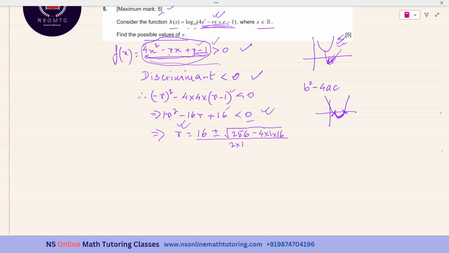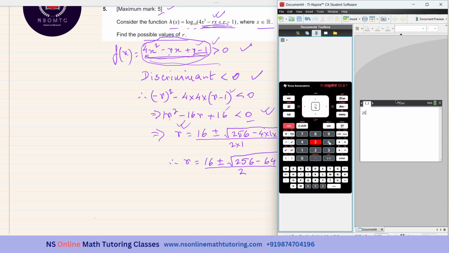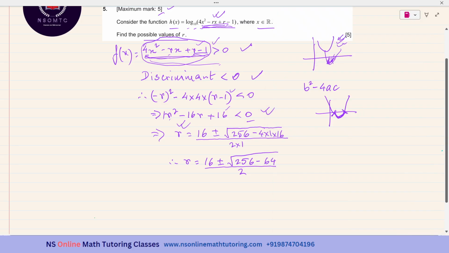So r is equal to 16 plus minus the square root of 256 minus 64 over 2. 256 minus 64 is equal to 192. So this is equal to 16 plus minus square root of 192 over 2.